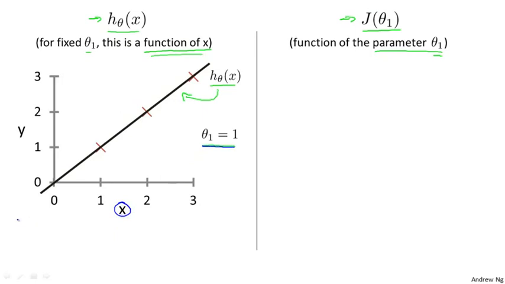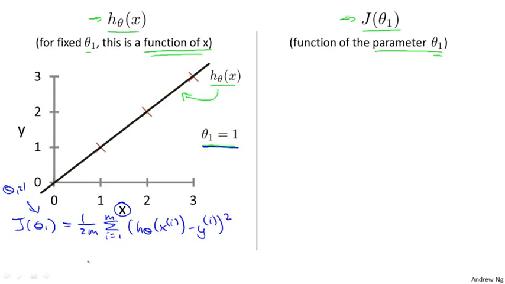What I want to do is figure out what j of theta 1 is when theta 1 equals 1. So let's go ahead and compute what the cost function is for the value 1. Well, as usual, my cost function is defined as follows: sum over my training set of this usual squared error term.